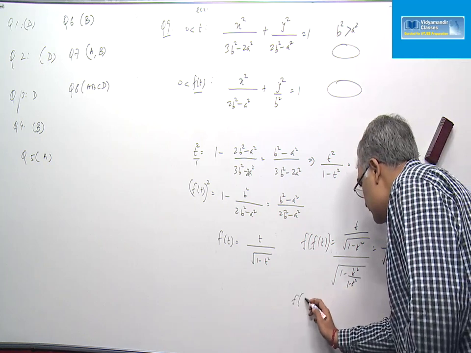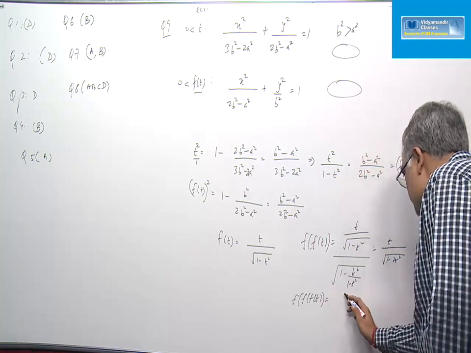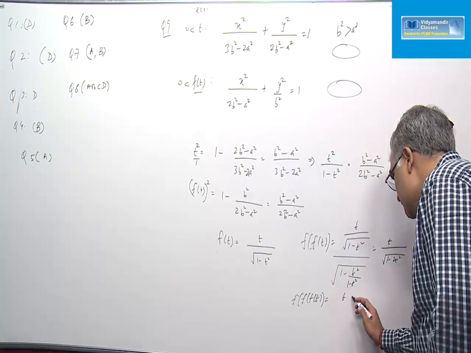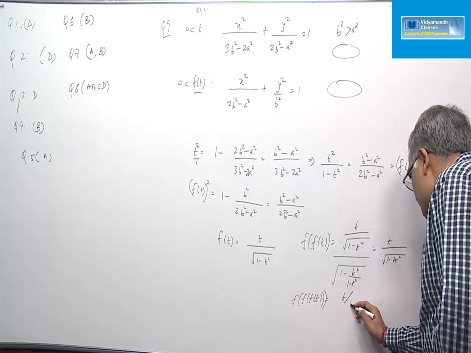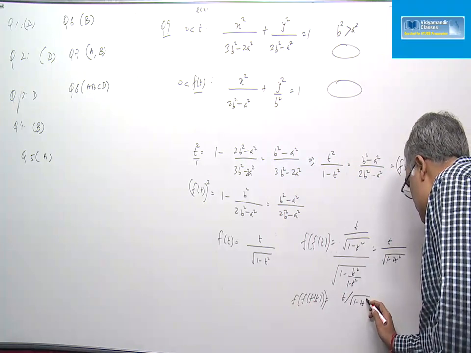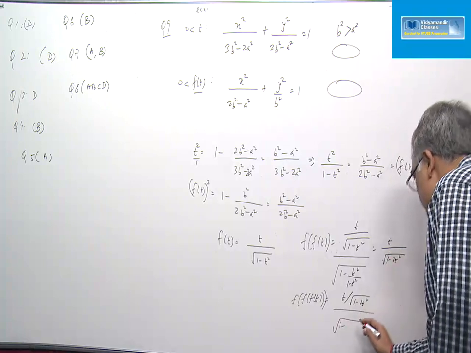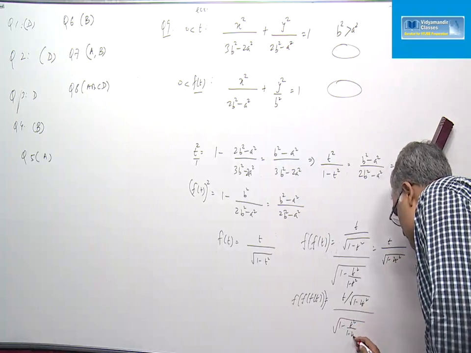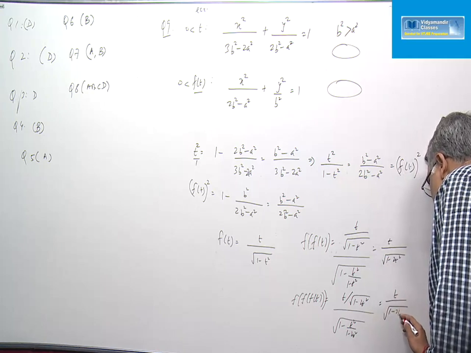Let's compute function at function t. Must be t upon under root of 1 minus 2t square upon under root of 1 minus square of this, that is t square upon 1 minus 2t square, is again coming out to be t upon under root of 1 minus 3t square.